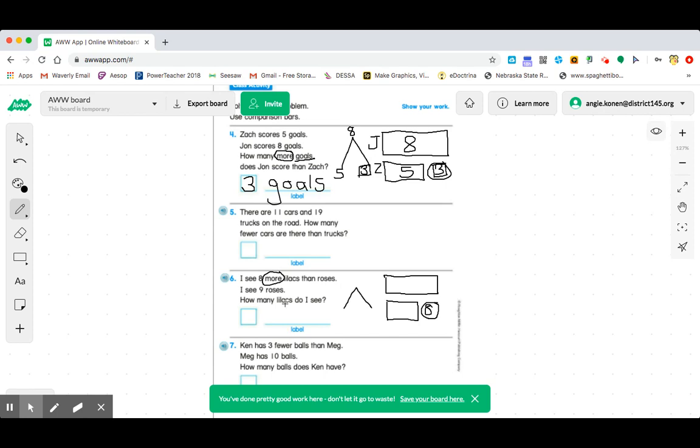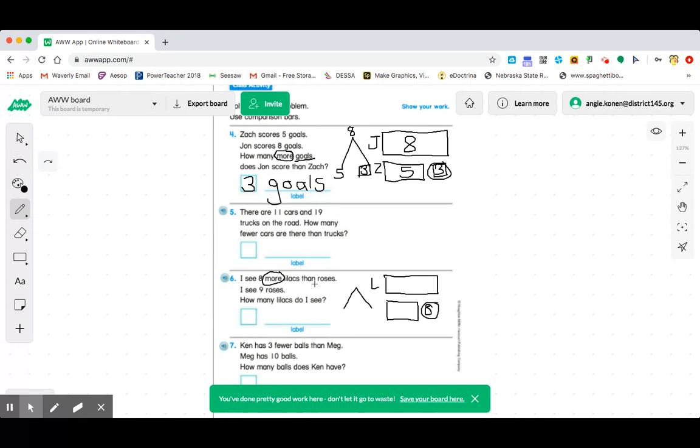Now, I also know I really thought in my head about which one had more. Was it lilacs or roses? It says, I see 8 more lilacs than roses. Oh yeah, there's more lilacs. So I know I have to have an L because lilacs, and then I have 8. Oh, nope, sorry. I'm going to erase that.